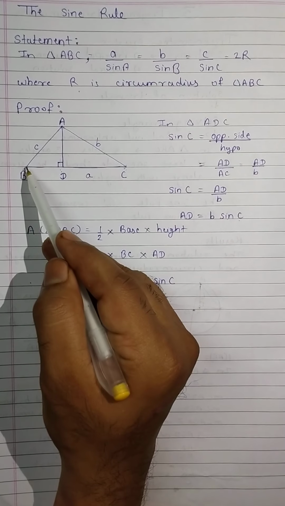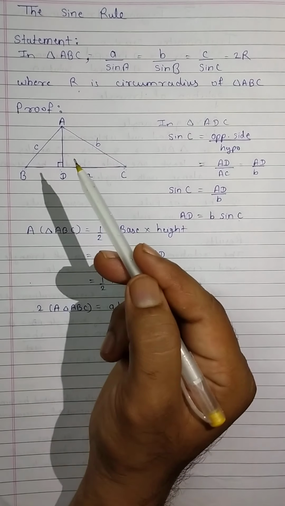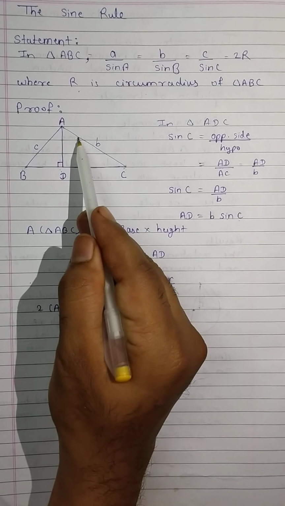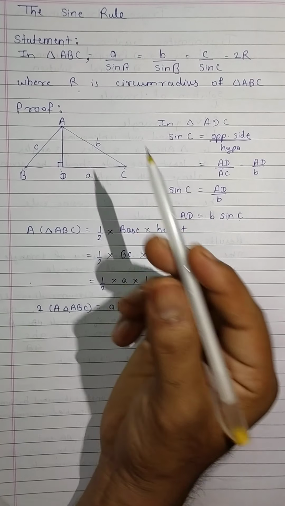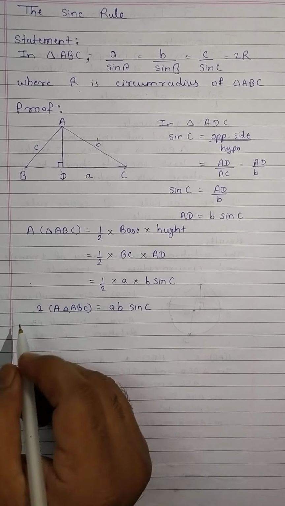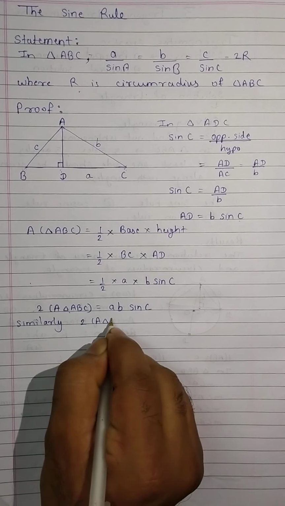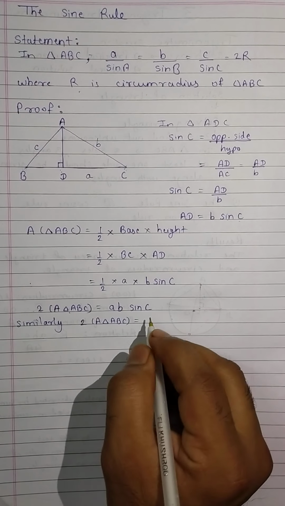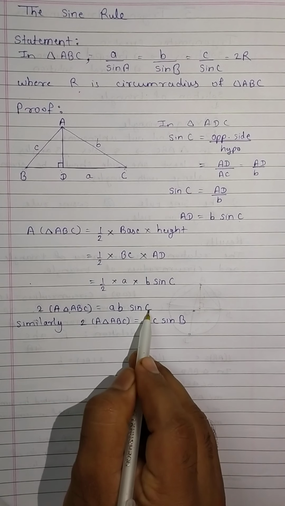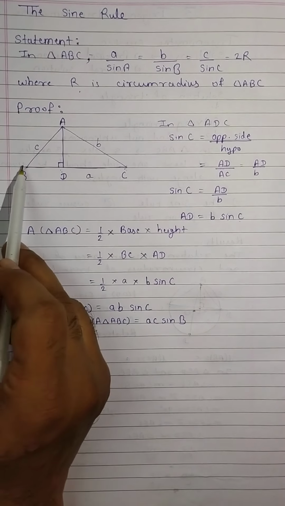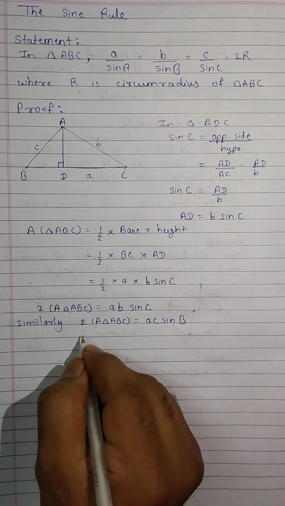If you take perpendicular from B on AC, I repeat, if you take perpendicular from B on AC, you get the another direction of the triangle, and in the similar manner you can prove 2 into area of triangle ABC is equal to ac sin B. You can observe ab sin C. So similarly, by taking altitudes or perpendicular from B on AC, perpendicular from C on AB, you can prove these two results.